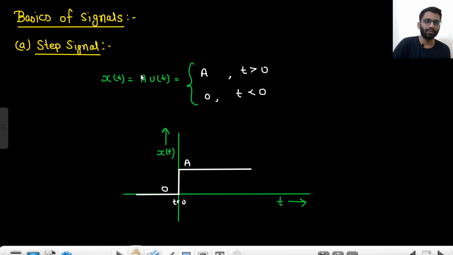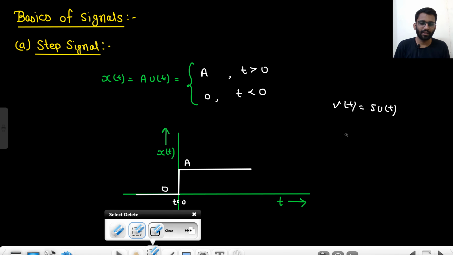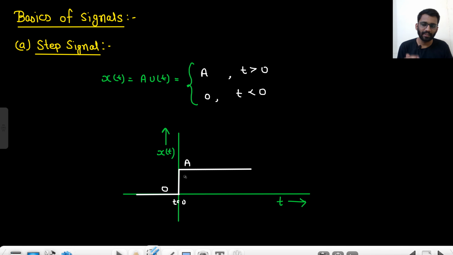Let's just assume your v(t) is 5 u(t). That means previously there was no voltage in your circuit, and suddenly you are applying 5 volt. So at t equals 0, you are suddenly giving an input.